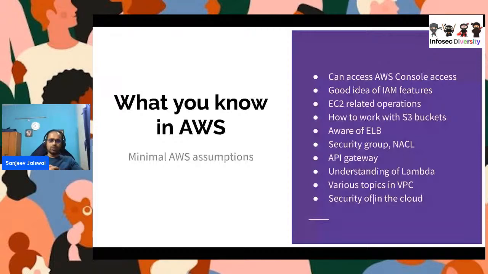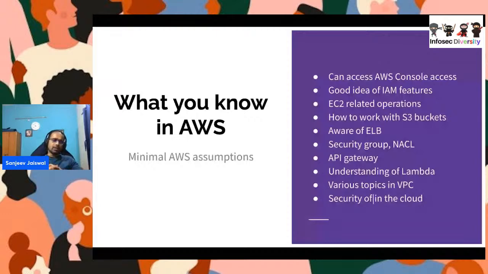I'm not saying you should understand it very deeply, but you understand how IAM works, and in case you want to add a user or a group, or review a policy, you know how to go there, what to search, and how to review.